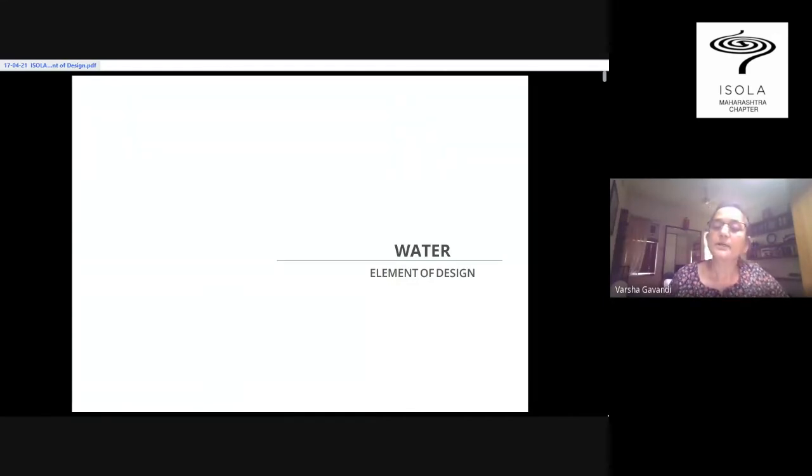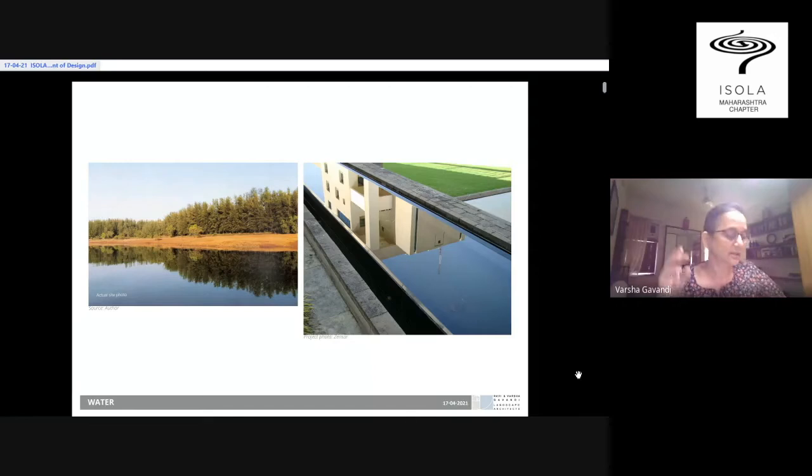So one of the qualities I feel that makes it so popular in designers is its transformation with movement. What you see in this slide is still colorless, mirror-like water, which is quiet and contemplative.